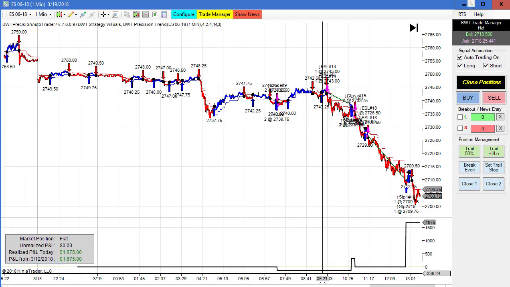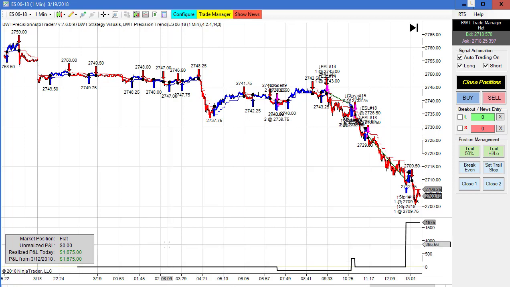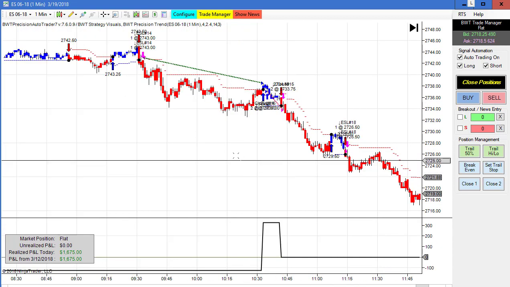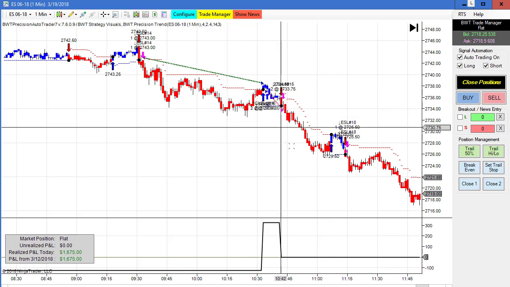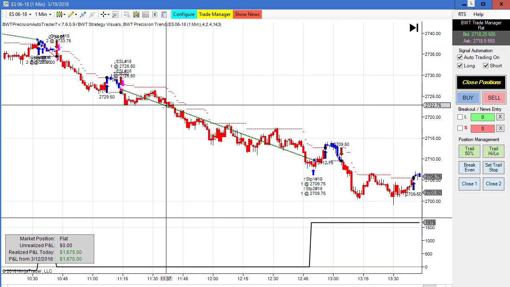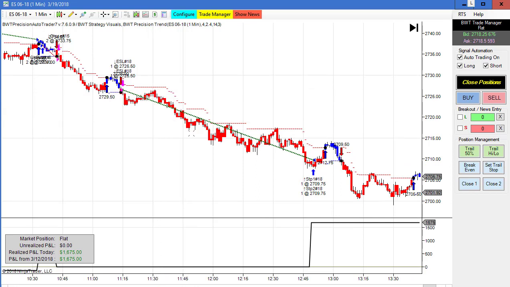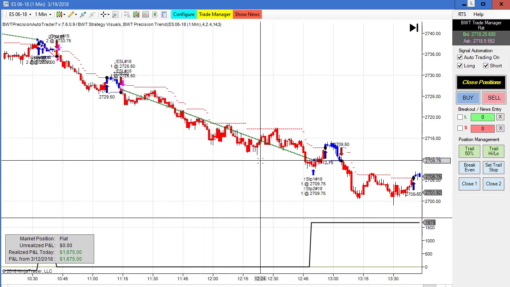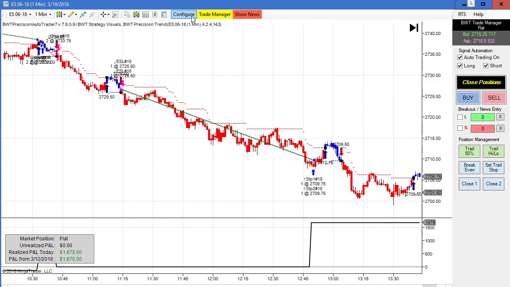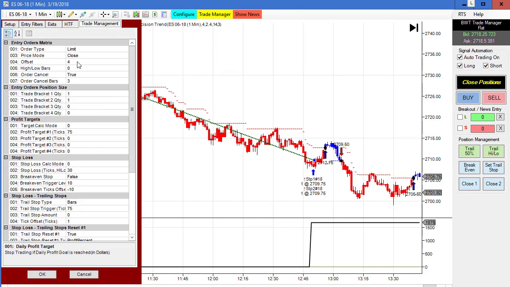You can see the dip in the equity curve, and then we had a very small loser right here, and then we had this winner, a small loser, and then a really spectacular short trade here. Caught this sell-off with excellent entry and exit. This is using a limit order with a 4-tick pullback.